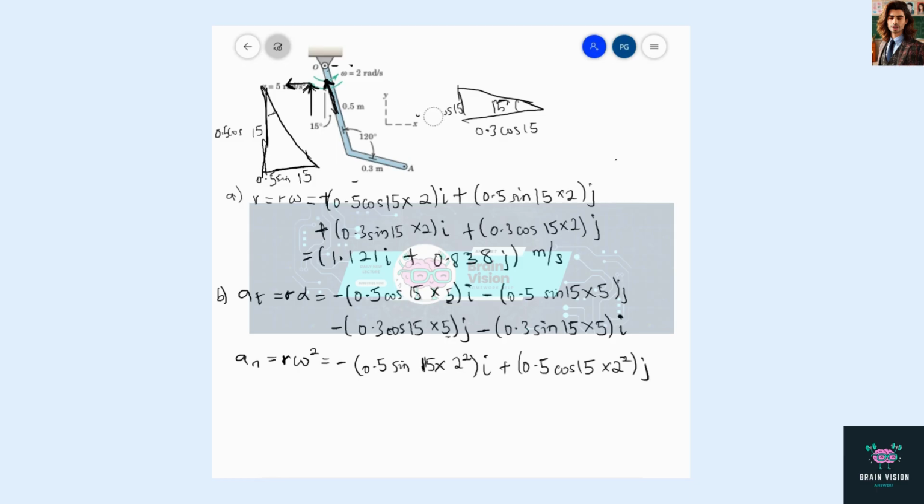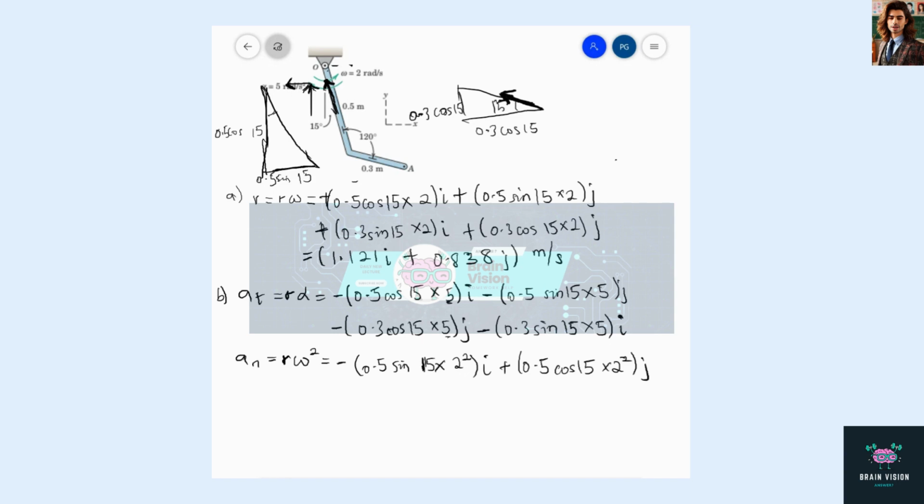So we're going to add the ones for these also. Okay, so let me draw the vector for that part. The normal acceleration is going to be directed up and left.